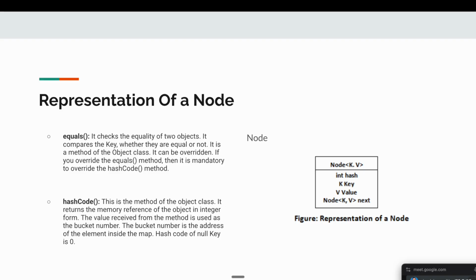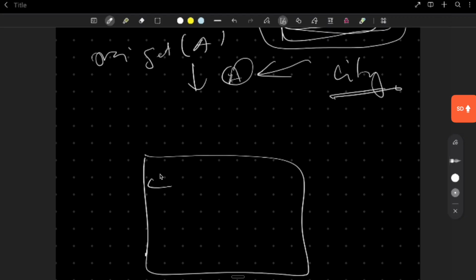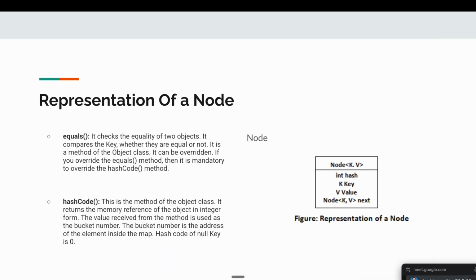Let's say there is one node, and the node has hash value, key, value, and then next pointer. So I was telling, let's say this is a node, so it will have my index here, you saw, right?